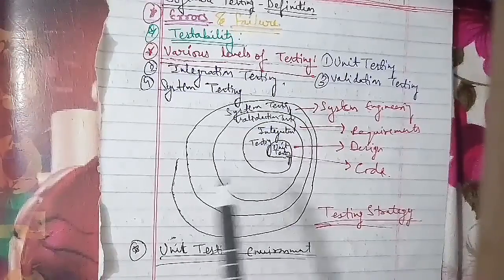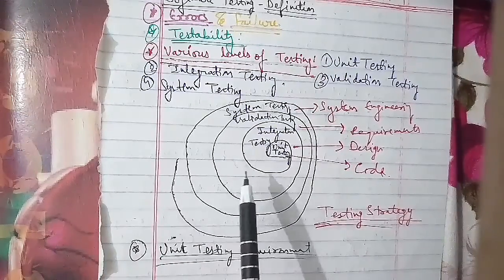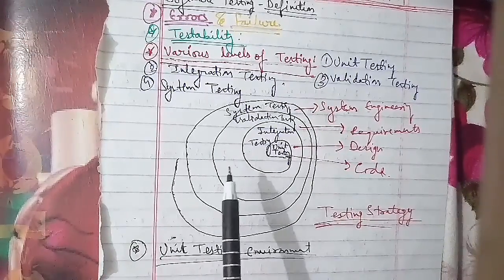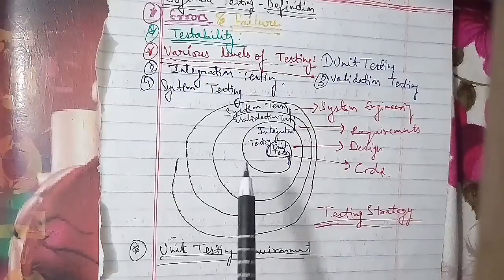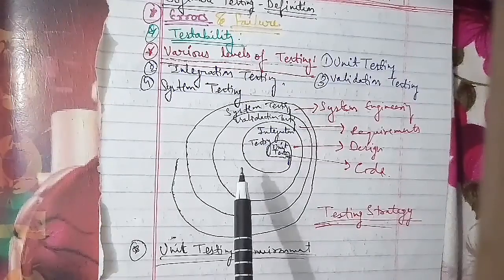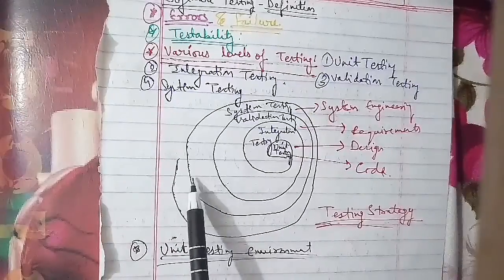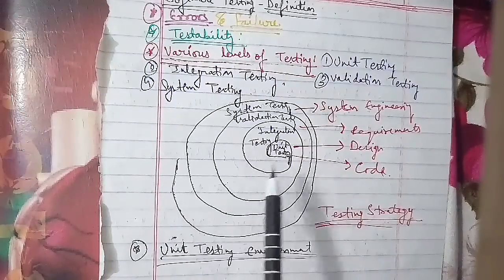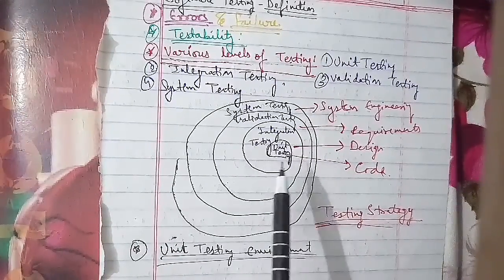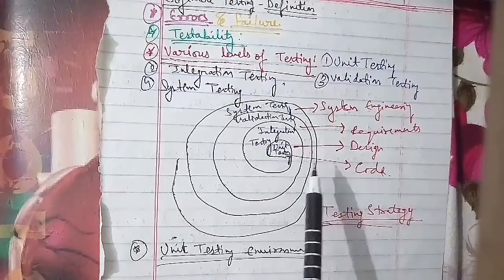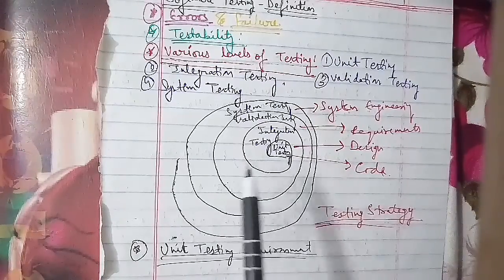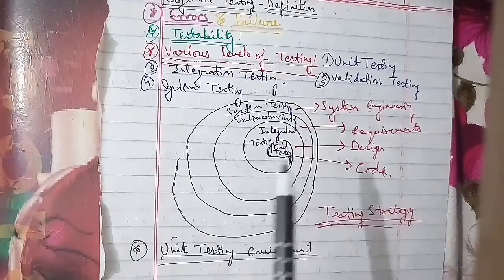Unit testing is simplified when a component with high cohesion and one function is designed. In such a design, the number of test cases is less, and one can easily predict or uncover the errors as well. So that is the unit testing environment, and we will go ahead in detail.